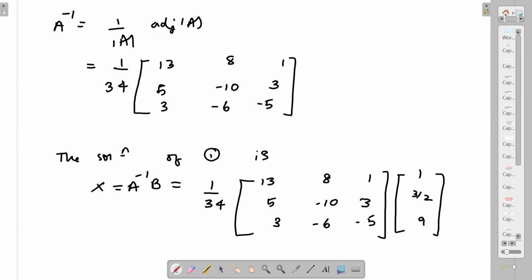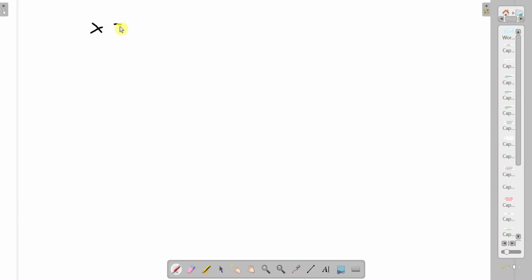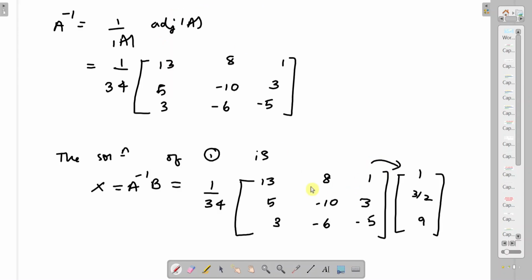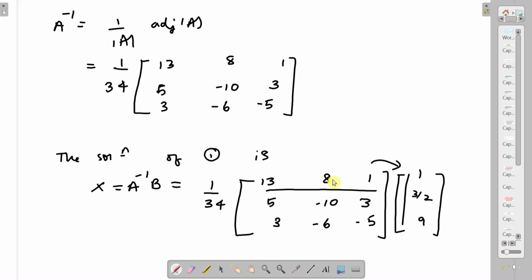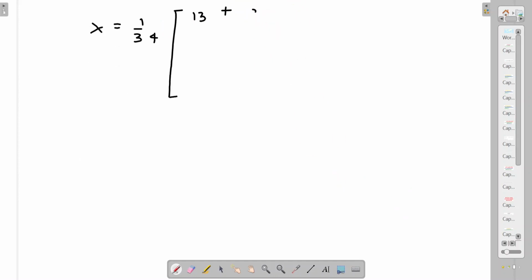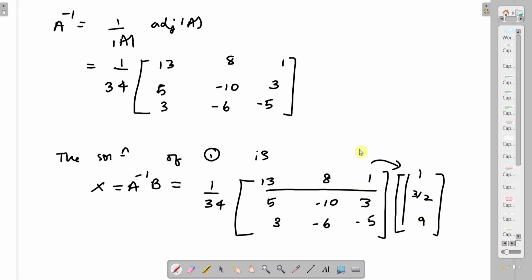So let us see what we get. X is equal to 1 by 34. Now if we multiply the matrices here, we have to do first row multiplied by this column, so 13, then plus 8 multiplied by 3 by 2, and then 1 multiplied by 9 is 9.